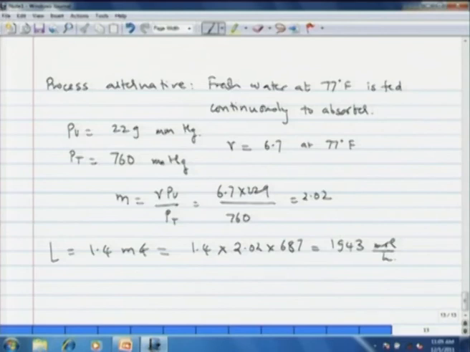Now, we will say that the recovery of acetone in absorber is 99.5%.